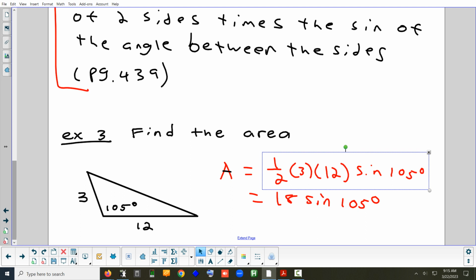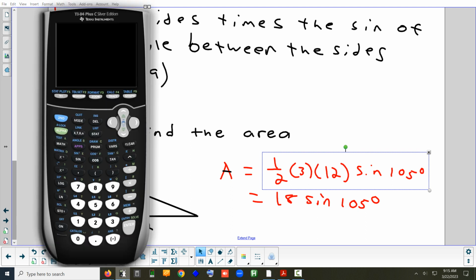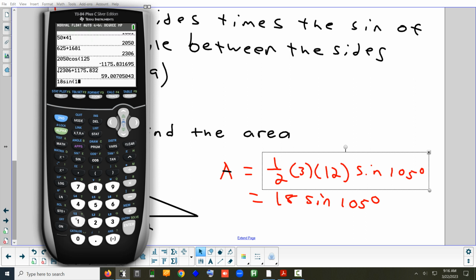So we get 18 sine 105. At this step, you have to type it in now. All right, so 18 sine 105. Okay, so we get 17.387.